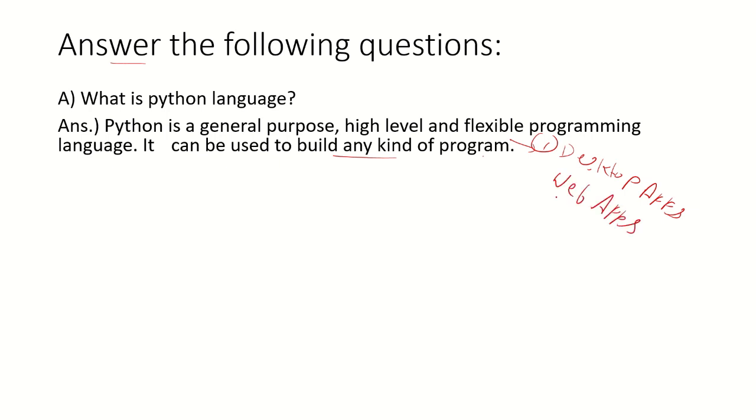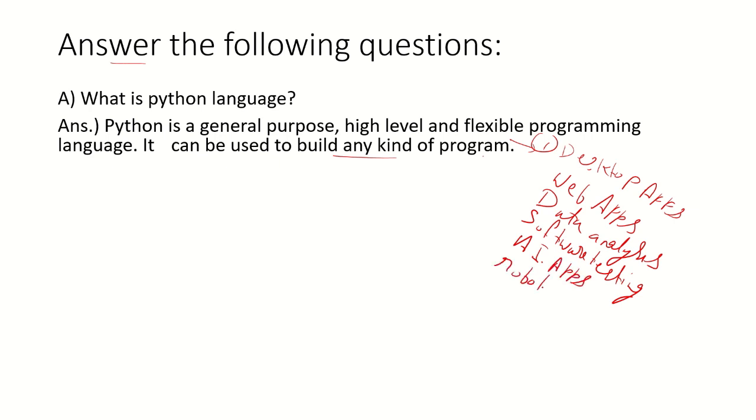Other than that, data analysis, software testing, and the most important thing, AI based applications, AI apps and robotics. Is this clear? So these all are the areas where you can use Python nowadays.